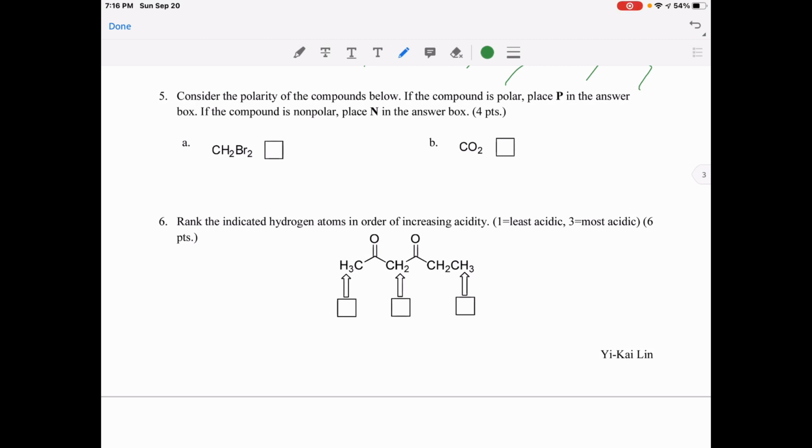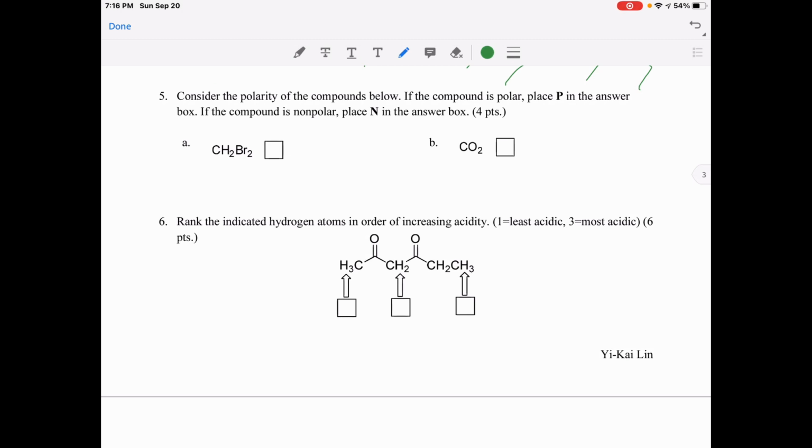The net dipole moment is determined by the sum of the individual dipoles in the molecule, and those are affected by the geometry of the molecule. So in order to evaluate the geometry, we need to draw out its full geometric structure. The first compound that we have is dibromomethane. So let's draw this compound out.